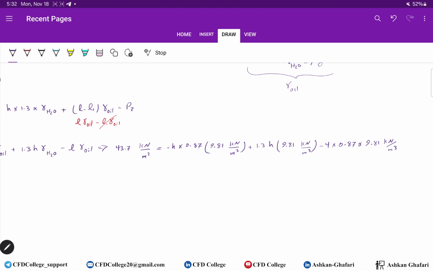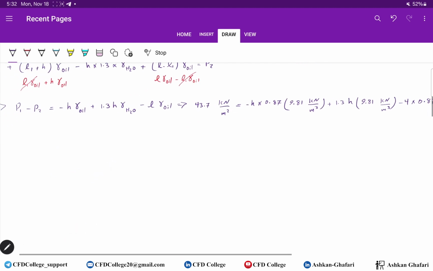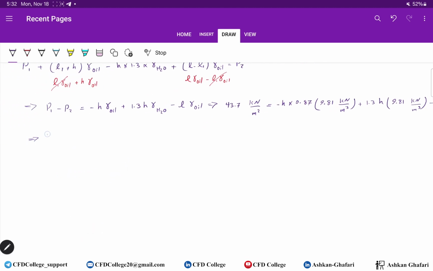So now you can find H, and H equals 18.5 meters.